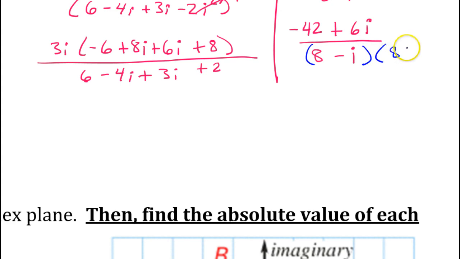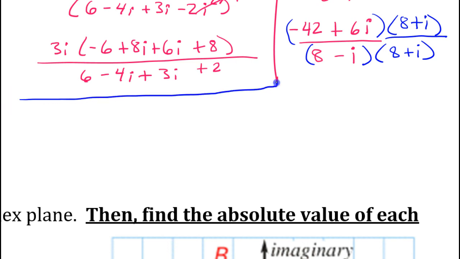So 8 plus i is the conjugate of the denominator. Okay, let me just separate this off. So I'm going to double distribute here.